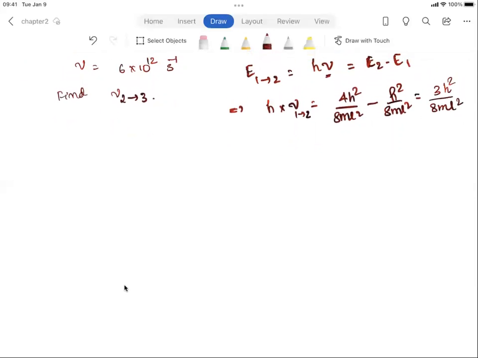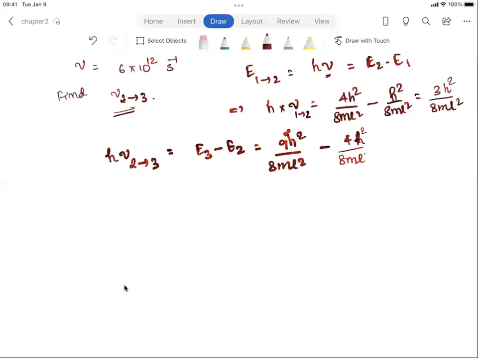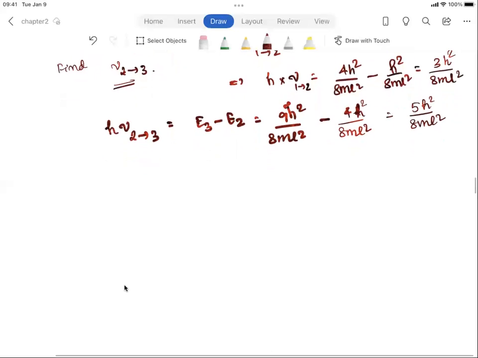So we need to find the frequency for a transition from 2 to 3, absorption from 2 to 3, and I'm going to call it this, and it's going to be 3 squared, which is 9, h squared over 8 m L squared, minus 2 squared or 4, h squared over 8 m L squared. Now that is going to be 5 h squared over 8 m L squared.